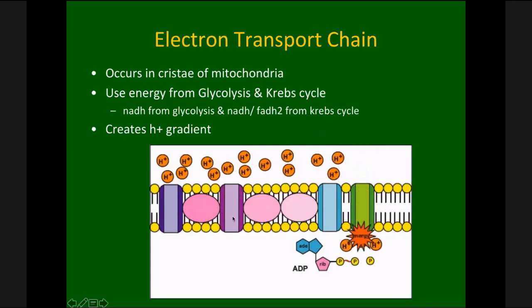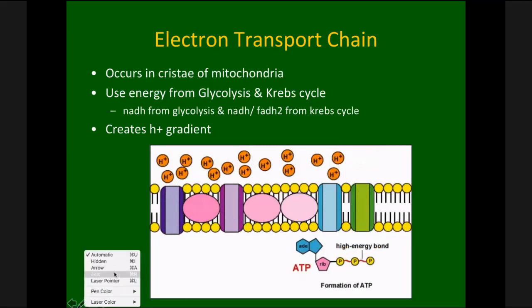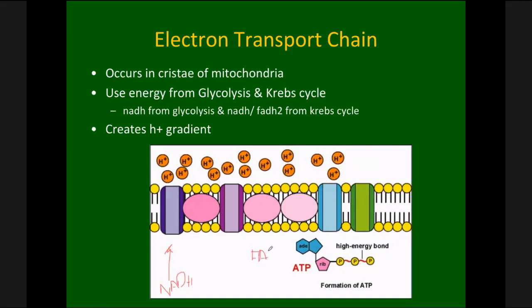Yes? So the animation I think only showed NADH coming in here, right? NADH, kind of. FADH2, I'm not going to talk too much about. It's also a temporary energy storage molecule.